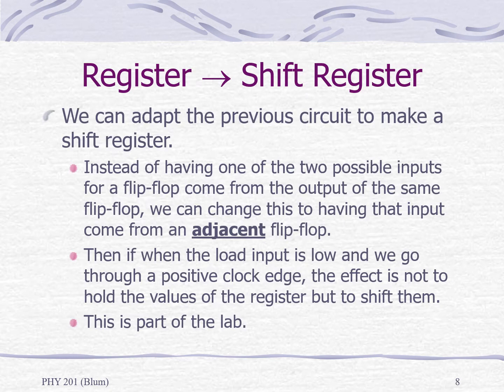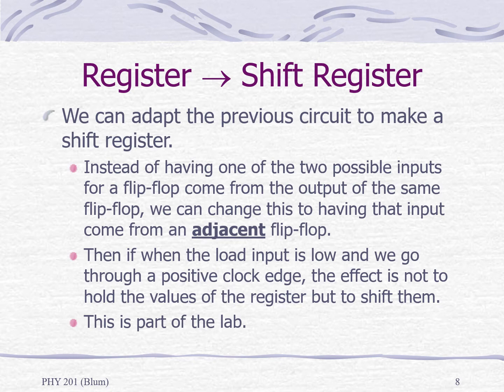We can adapt the previous parallel loading register to become a parallel loading shift register by making one relatively small adjustment. Instead of having one of the two possible inputs for a flip-flop come from the output of the same flip-flop, we can change that wire and have it come from an adjacent flip-flop, a neighbor.